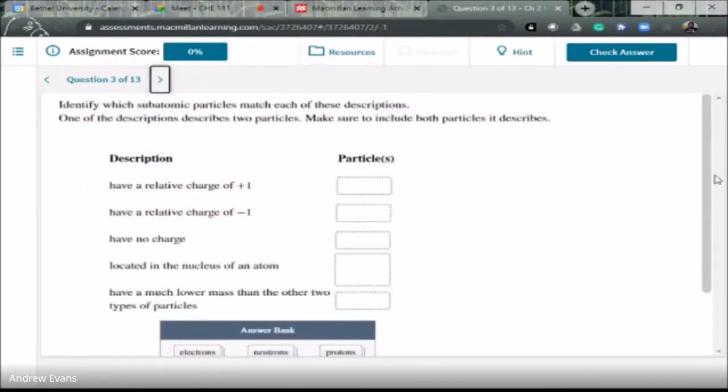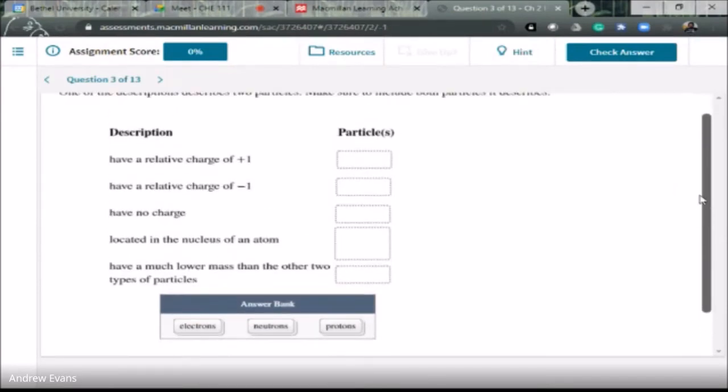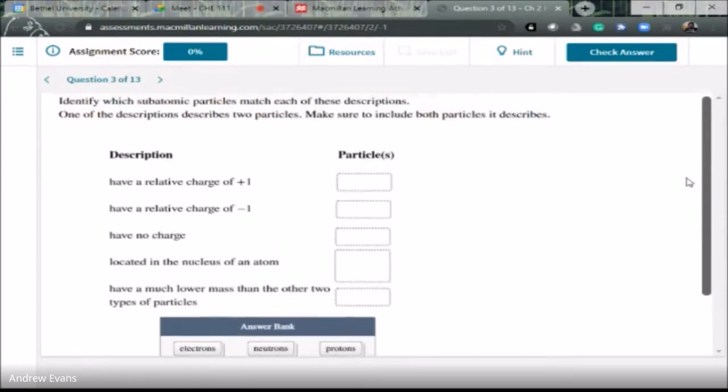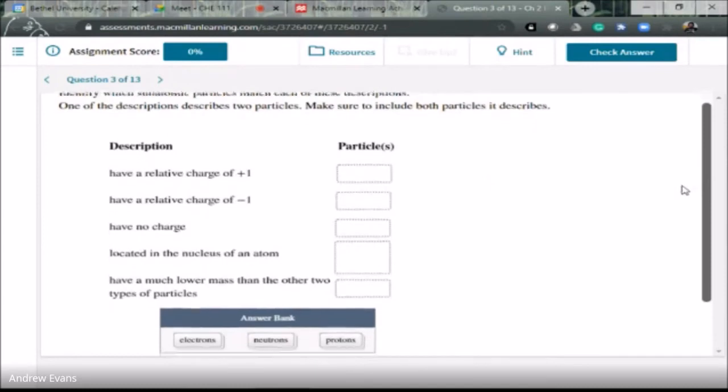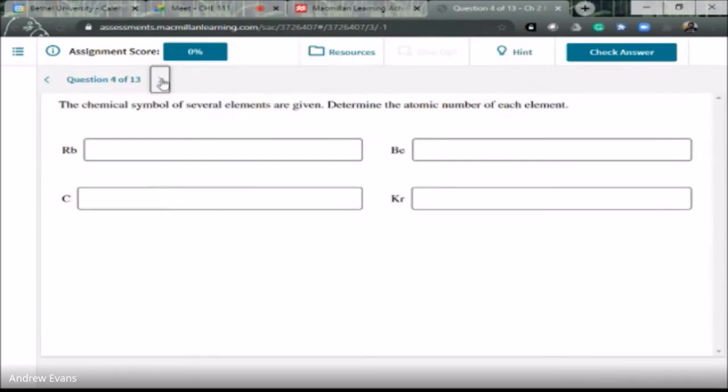So this one, you're asked to name which of the proton, neutron, or electron has a positive charge, negative charge, no charge, where they're located. There may be more than one thing in a blank, much lower mass than the other two. So all that's in the notes. Chemical symbol.